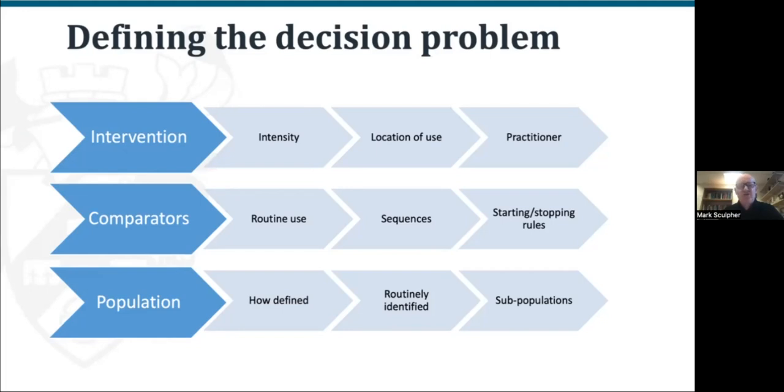Do you try one drug first, and if it fails, you try another? And are there starting and stopping rules? When do you determine whether a drug has worked or not? So all of these considerations are part of defining the decision problem, which is an important precursor to doing any piece of economic evaluation.